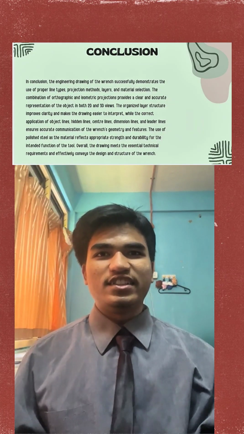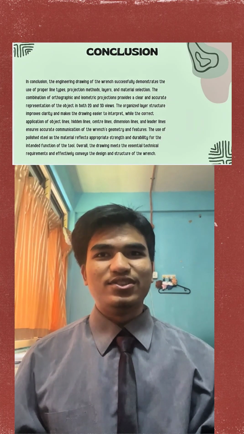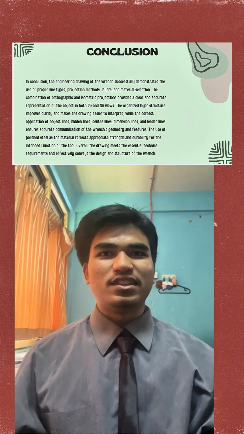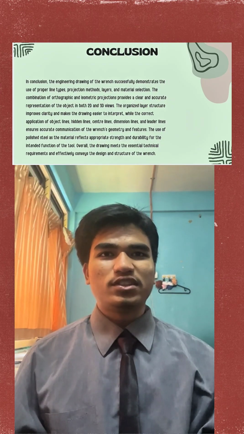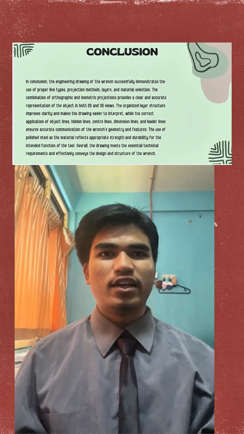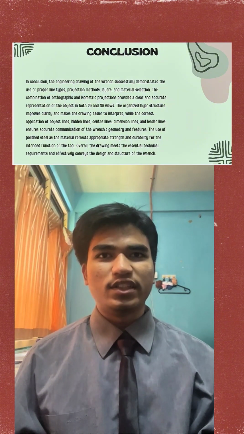That's all from me. In conclusion, the engineering drawing of the wrench successfully demonstrates the use of proper line types, projection methods, layers, and material selection. The combination of orthographic and isometric projection provides a clear and accurate representation of the object in both 2D and 3D views.